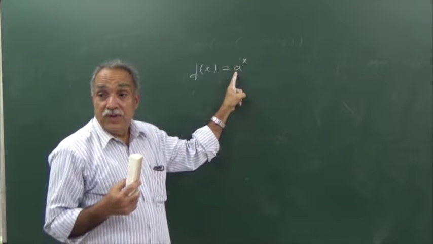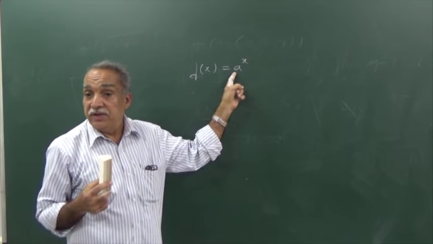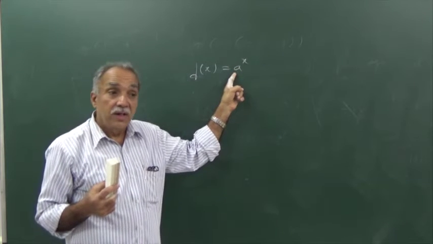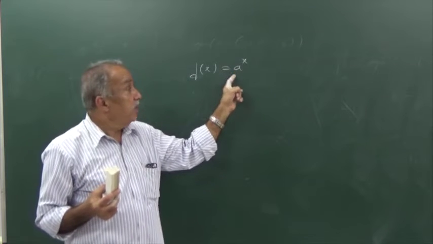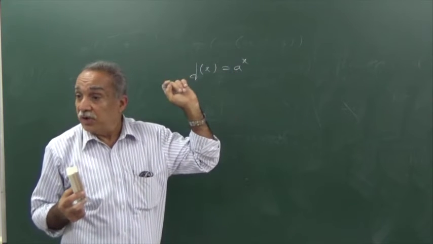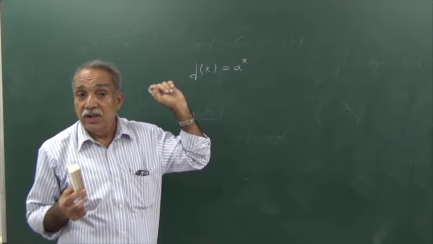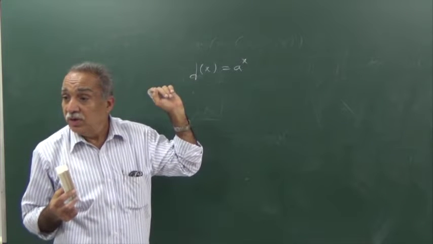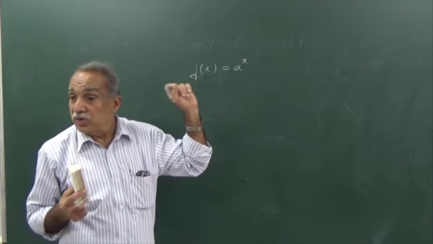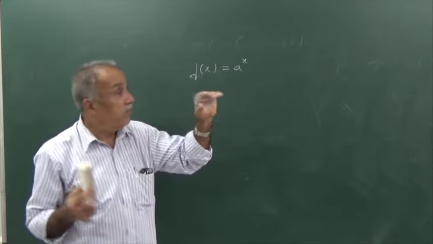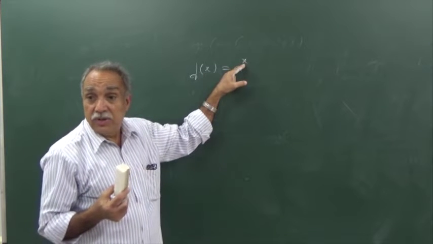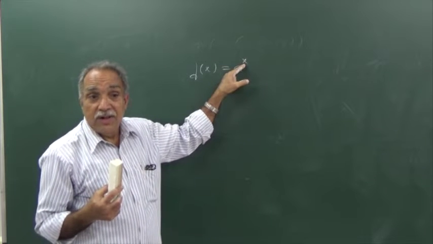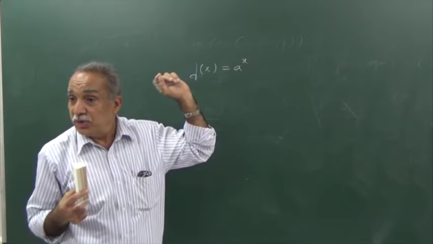Consider the base now. Can a be arbitrary? For any value of a, can you obtain a meaning for a to the power x? Yes. For a equal to 0, what is 0 to the power 0? You must be free to apply values for x now. That is my requirement. Do you have any meaning for 0 to the power 0?